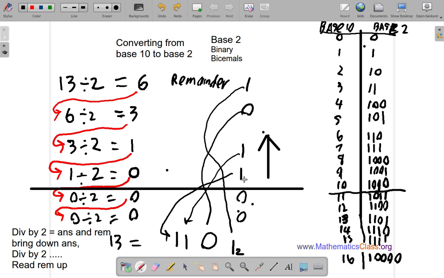Write down the remainder. And you go on and on until you get an answer of 0, with a remainder of 1. Well, if you want, you could continue, but you'd only be wasting time getting zeros. So you might as well stop when you get an answer of 0. Then you read these digits upward and you get the binary equivalent.